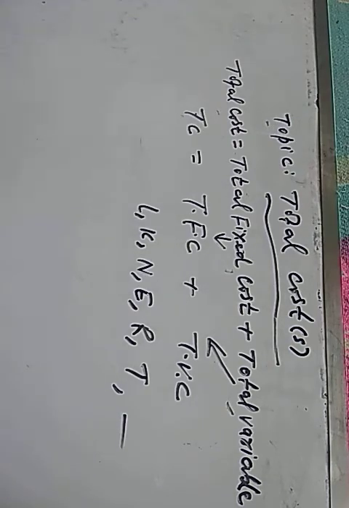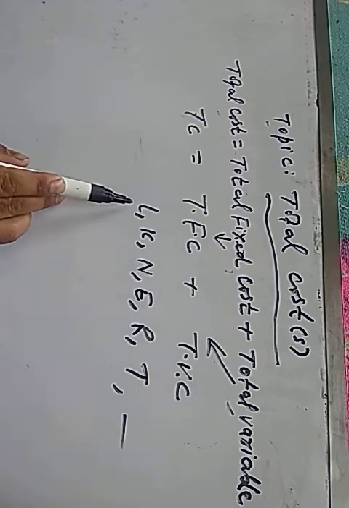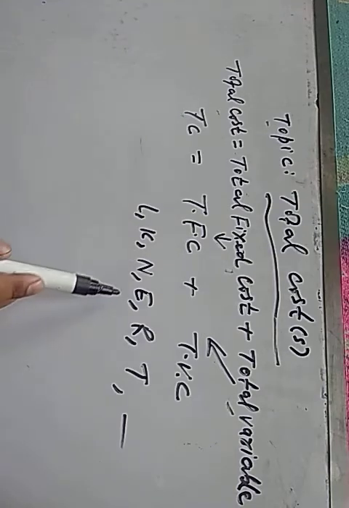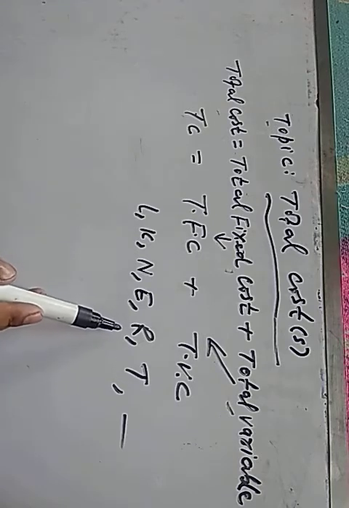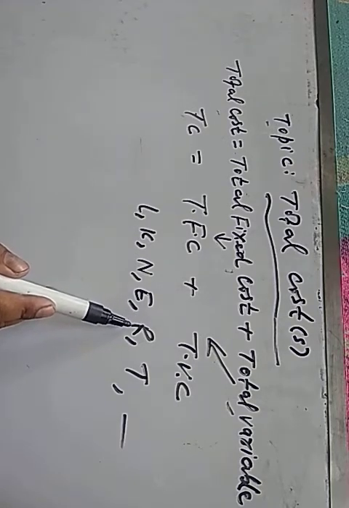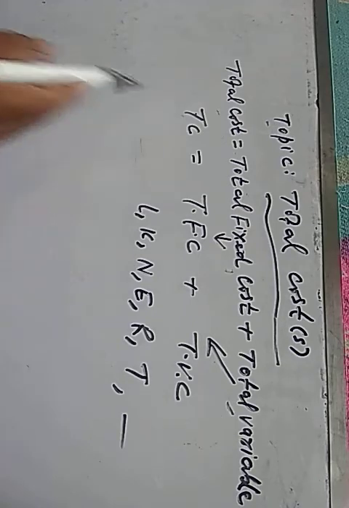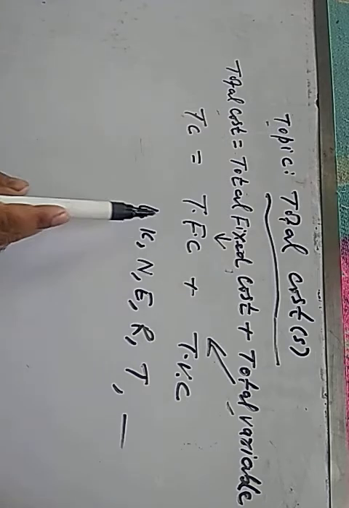For their use, the producer needs to pay in the form of wages to labor, interest to capital, rent to land, share of profits or fixed salary to entrepreneur, price paid for raw material, technology, and transportation cost. All these costs, when added, equal total cost, which includes fixed cost as well as variable cost.